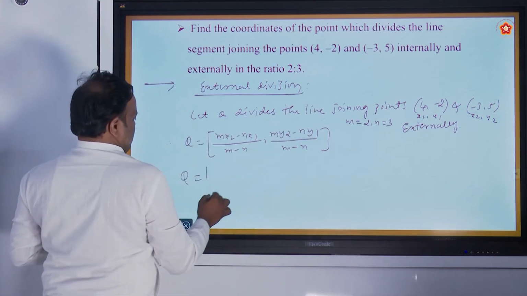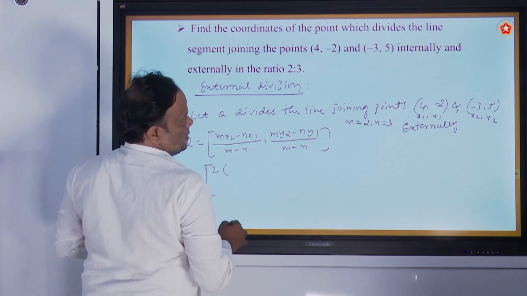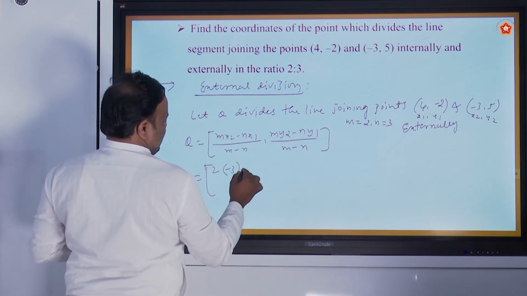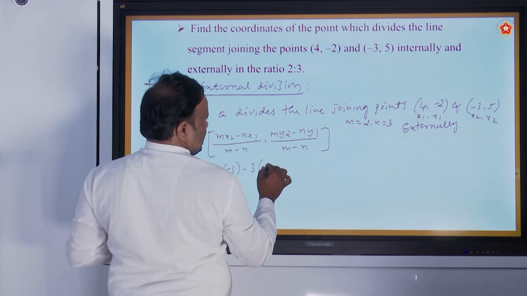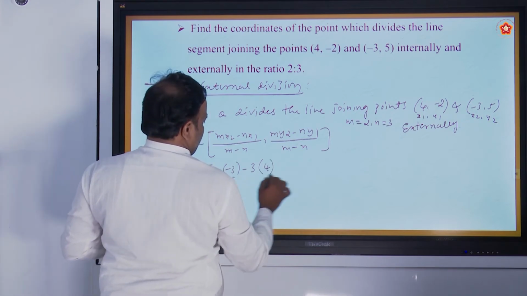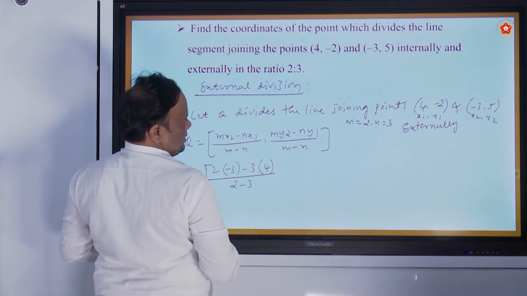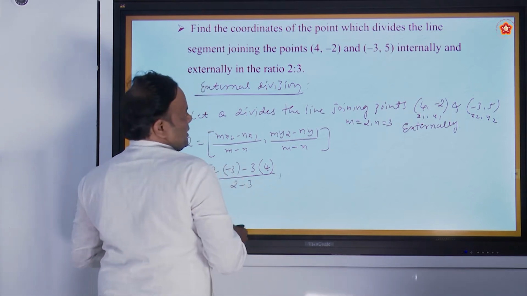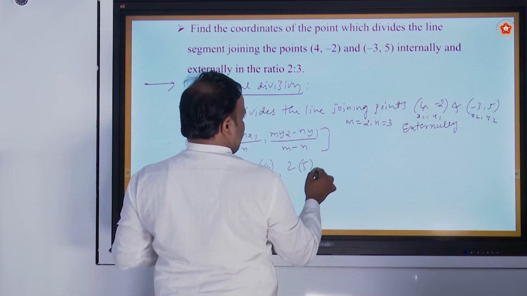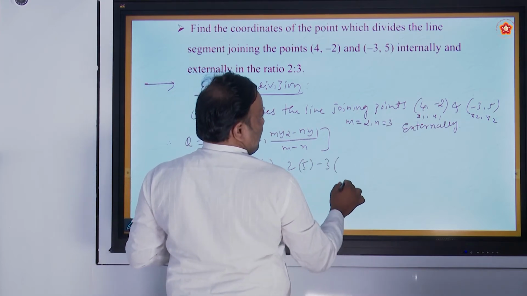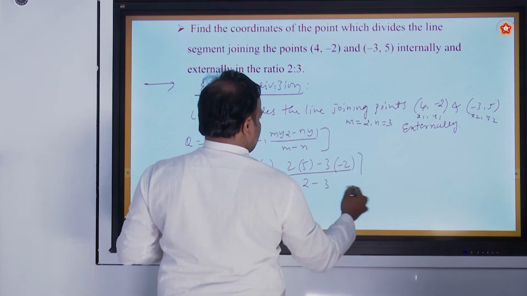So Q is equal to ((2 times x2, which is -3, minus 3 times x1, which is 4)/(2 - 3), (2 times y2, which is 5, minus 3 times y1, which is -2)/(2 - 3)).